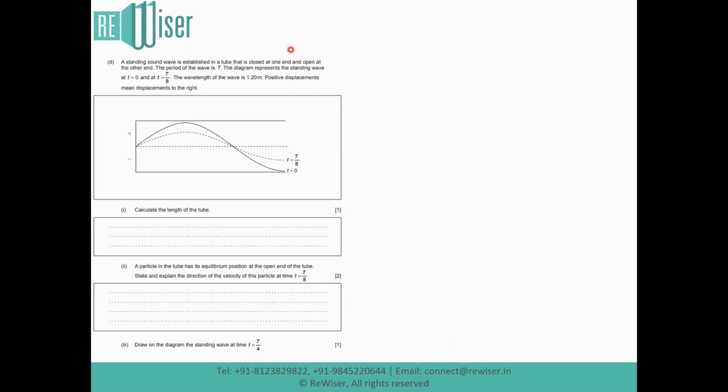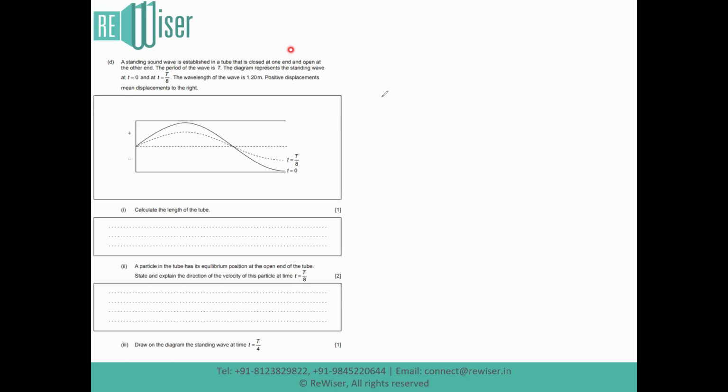Moving ahead, the next part states as follows. A standing sound wave is established in a tube that is closed at one end and open at the other end. The period of the wave is T. The diagram represents the standing wave at t equal to 0 and t equal to the total time period divided by 8.